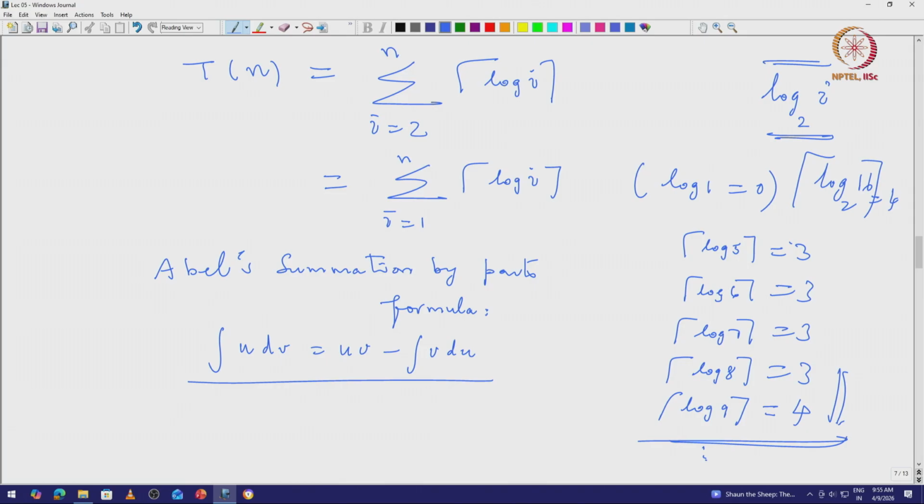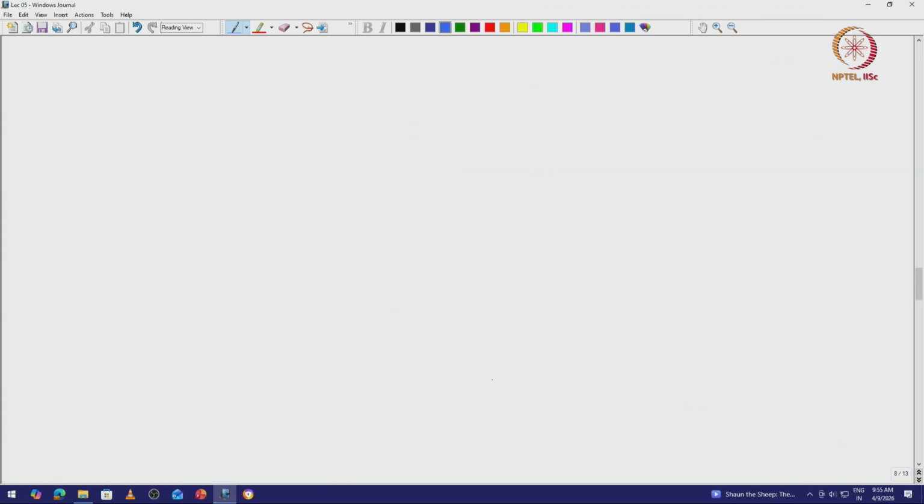Okay. So, let us go to the summation by parts formula. Sigma I going from 1 to n of ai, right.